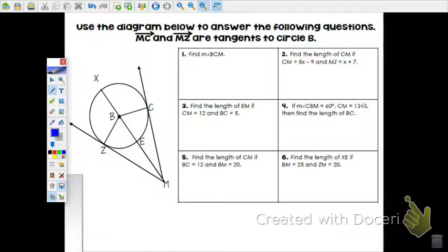Looking at your first theorem, if we know that MZ and MC are tangents, what can I mark in my picture? So where's my 90-degree angles? Okay. So angle Z and angle C. Okay. So those two are 90-degree angles.